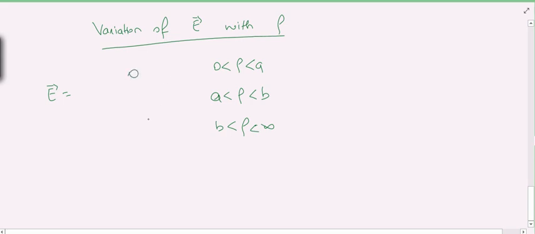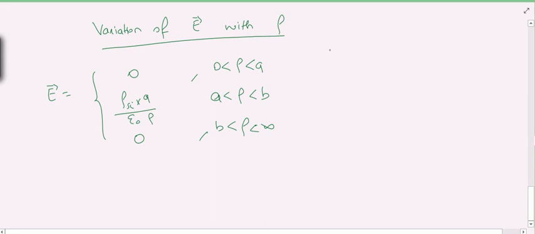For the 0 to A range it is 0, and for the range B to infinity it is 0, and for this range it is rho s into A by epsilon naught rho. So here A is constant, and epsilon naught is constant, rho s is constant, only the variable is rho.